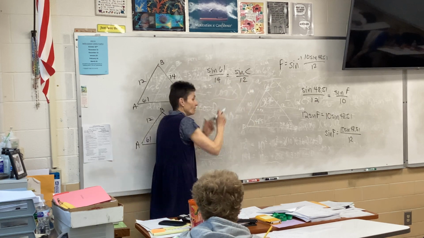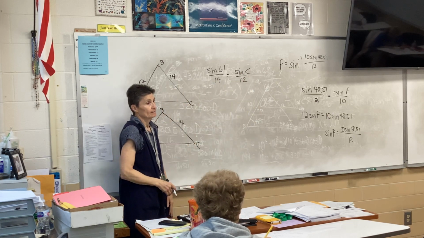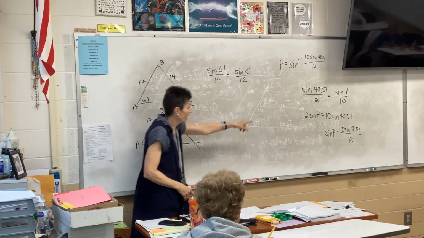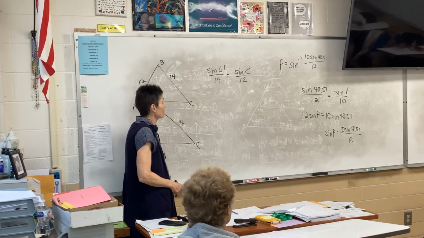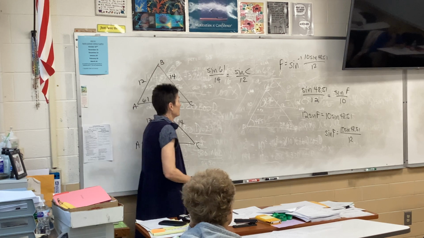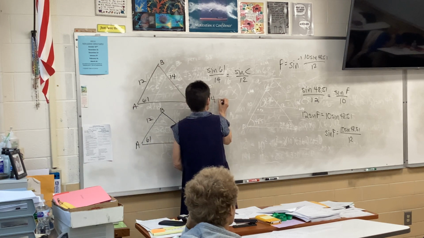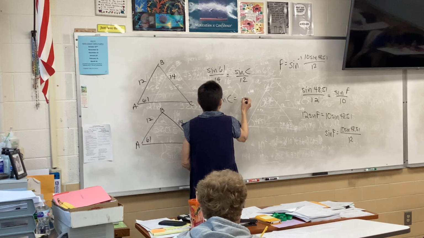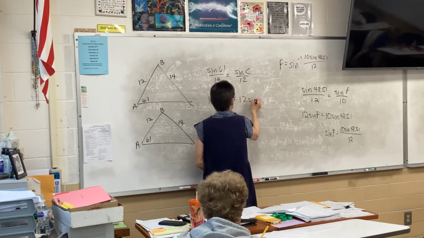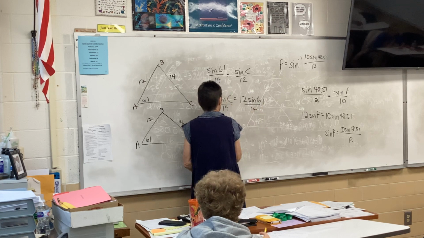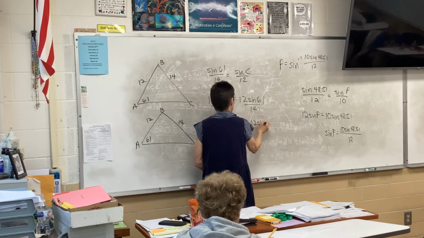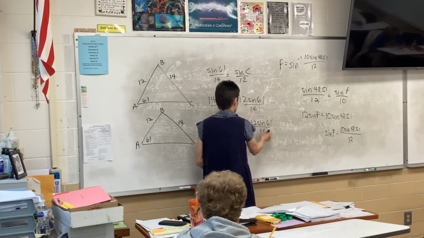This is exactly what we just got done doing when we were solving for angle F over there. So we'll cross multiply. Divide by 14. And C is going to be second sine 12 sine 61 over 14.